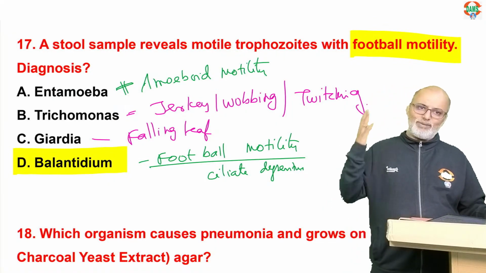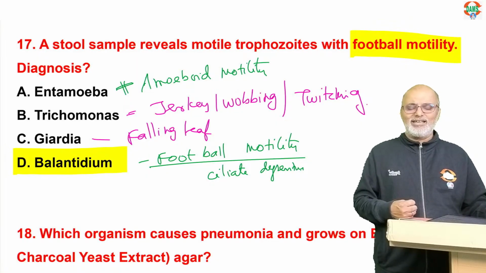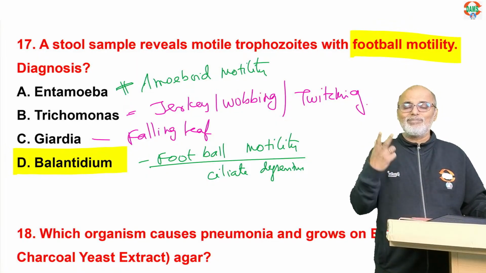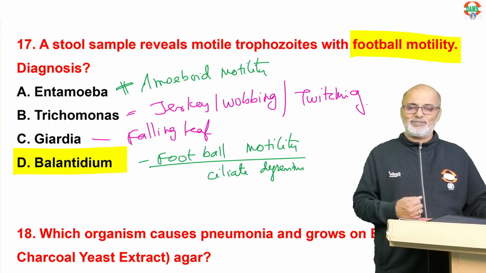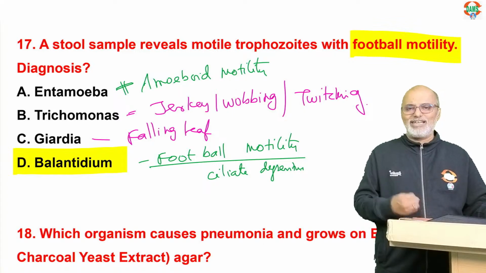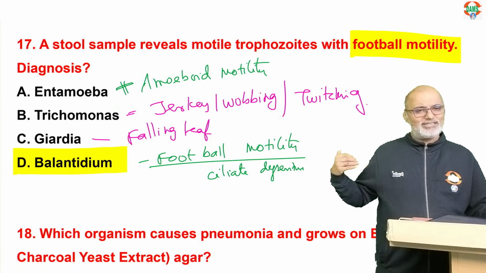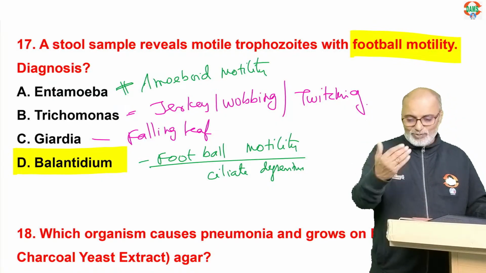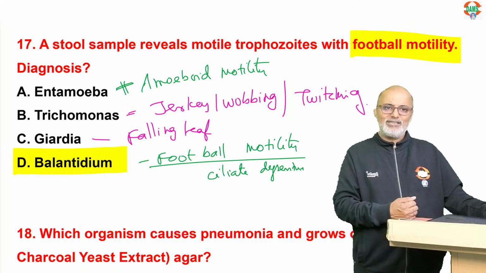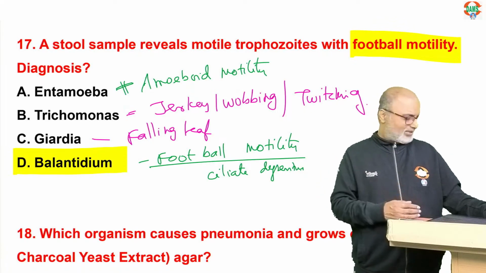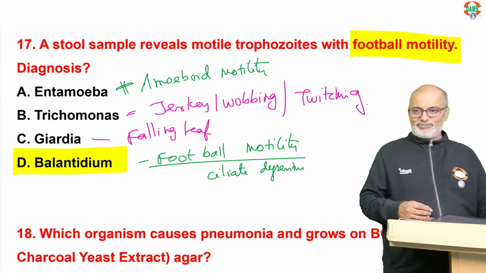If you go to bacterial motility, a big list is there: darting motility, tumbling motility, stately motility, swimming motility in Pseudomonas, swarming, corkscrew motility, lashing motility, and gliding motility by Mycoplasma without flagella. They may ask anything. Don't worry.